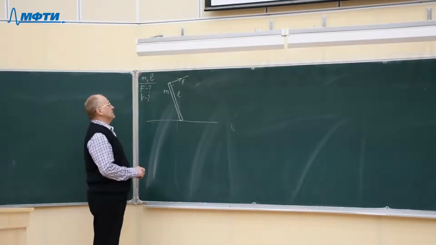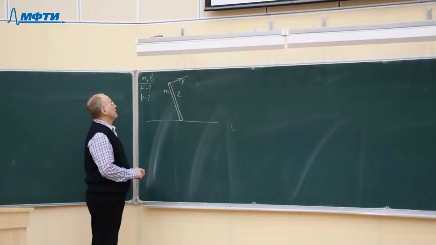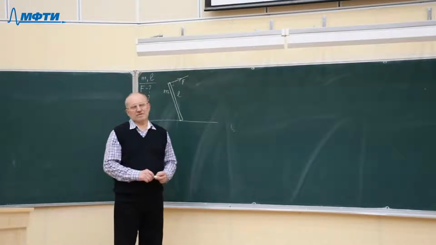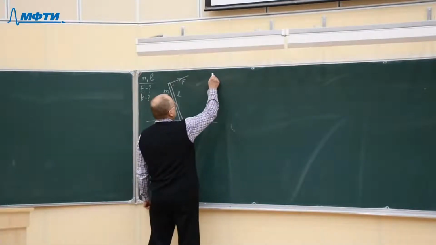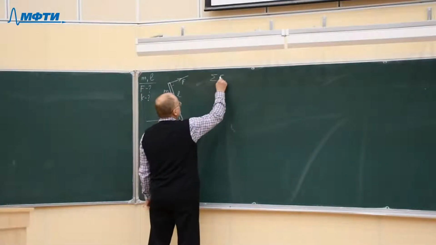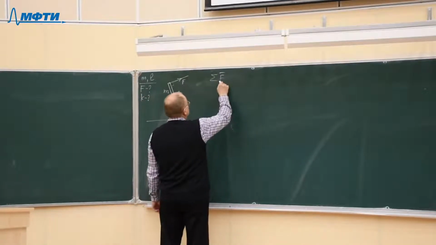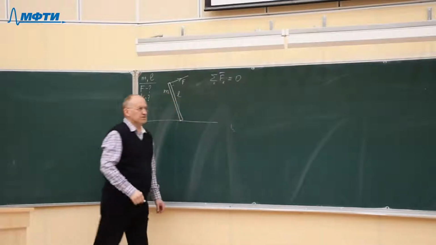Well, as this is a static equilibrium, we know that some laws of physics apply to this condition. First, the vector sum of all forces acting on this object must be equal to 0.